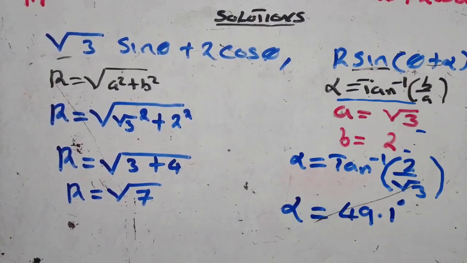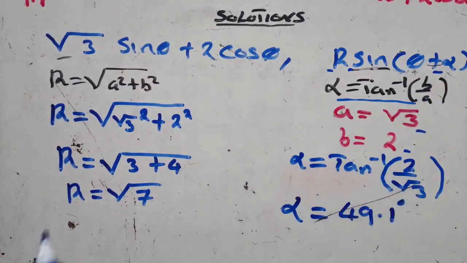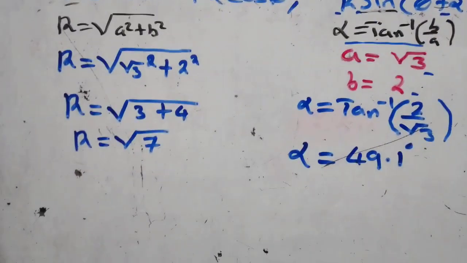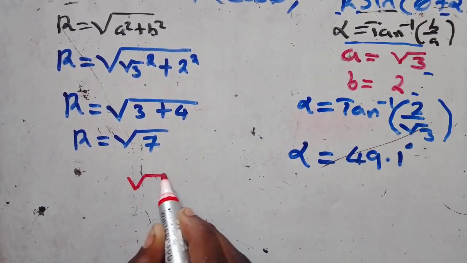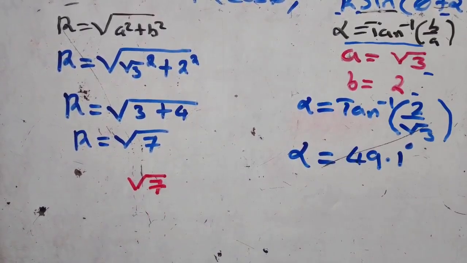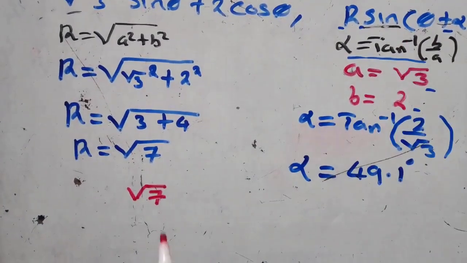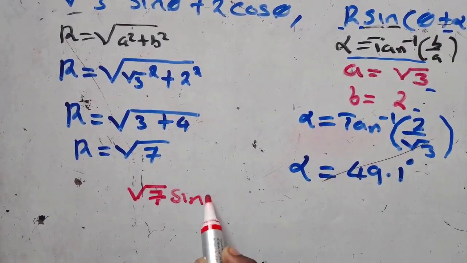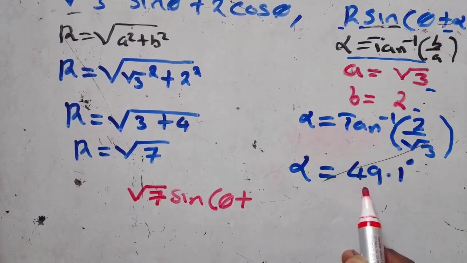Having known this, you can now just replace in this. You know the value for R, which is the root of 7, so where there is R, you just put the root of 7. Remember, we are expressing in this form: root of 7 sine, open bracket, theta plus your acute angle, which is 49.1.